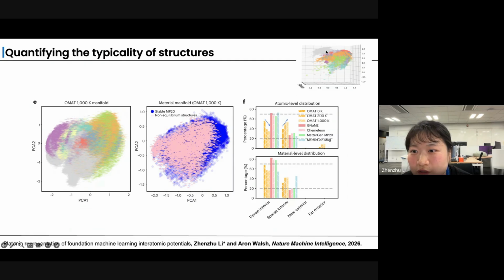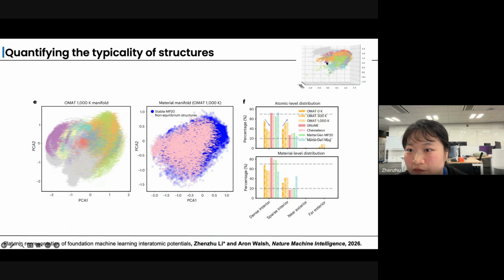The cloudy part is the stable materials. So the cloudy part is actually the stable materials manifold. And all the dashed lines here are the generative models. So we plot them together and put the generative materials embeddings inside this stable materials manifold.